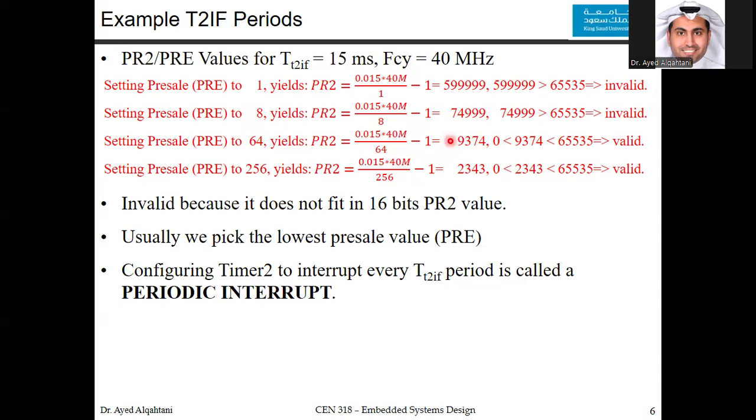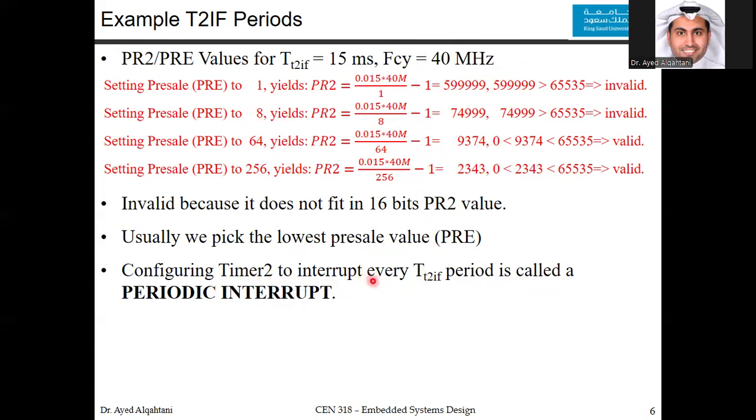Now, how fast are these ticks generated? They are generated based on this frequency, which is the 40 megahertz. Now, configuring timer 2 to interrupt every 15 milliseconds in our case, this would be called a periodic interrupt because it will interrupt every time.